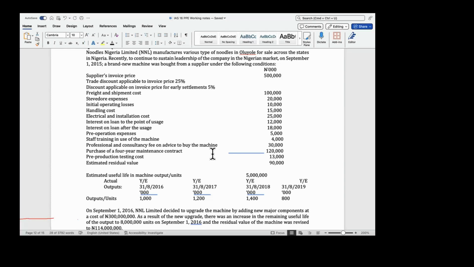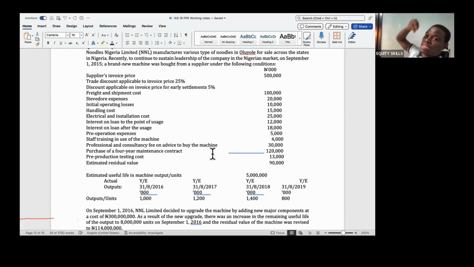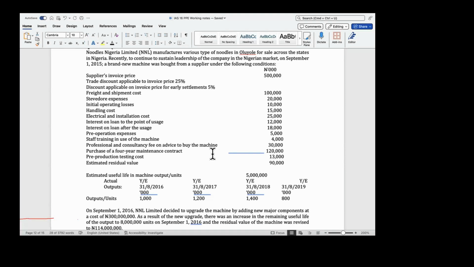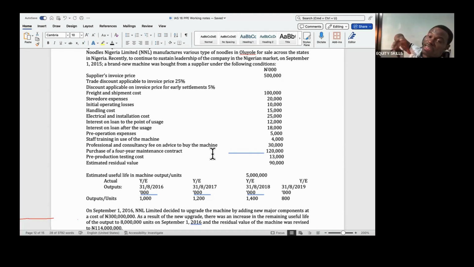If it's an asset that is componentized, that you know the cost of each component, and each component has a different useful life, then the right thing would be to derecognize, remove that one from our books, and then add the new one.